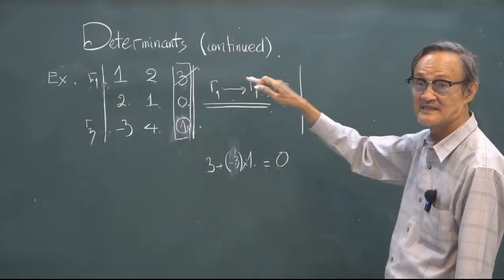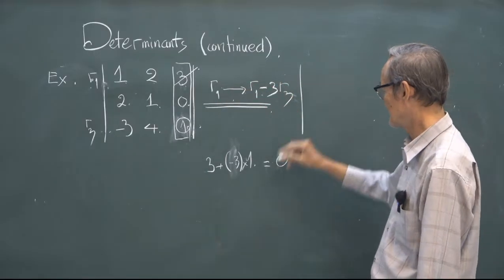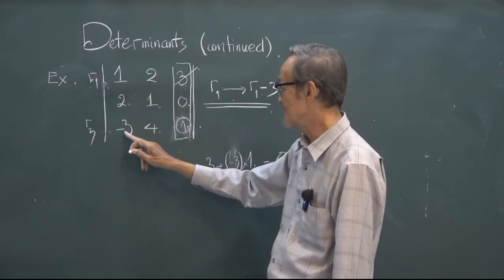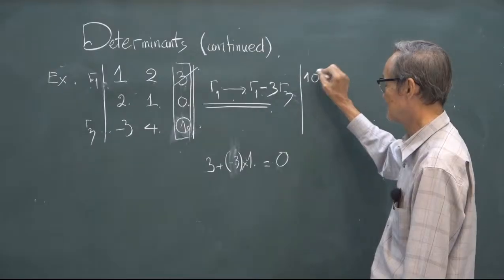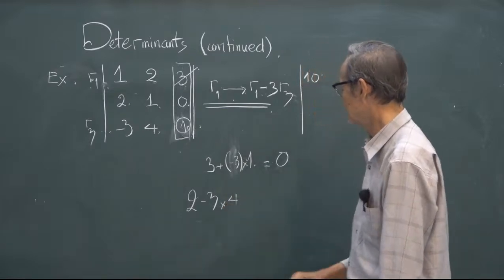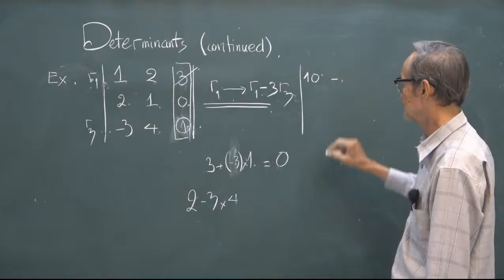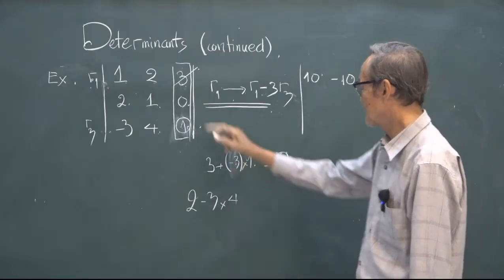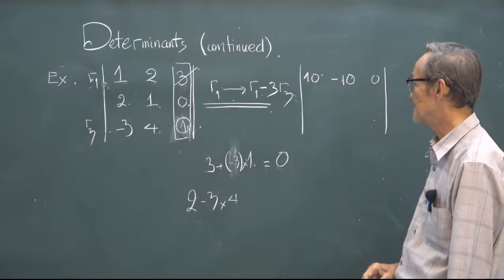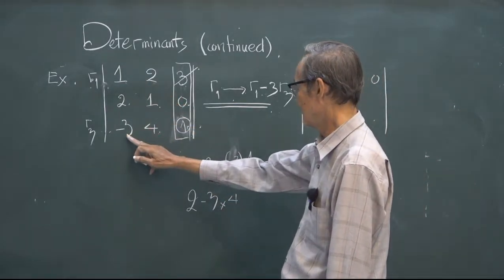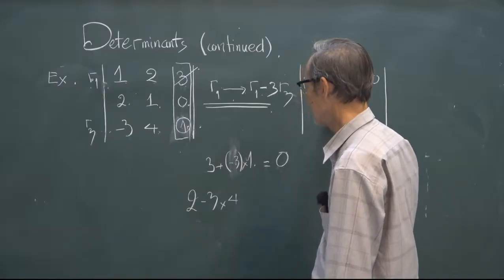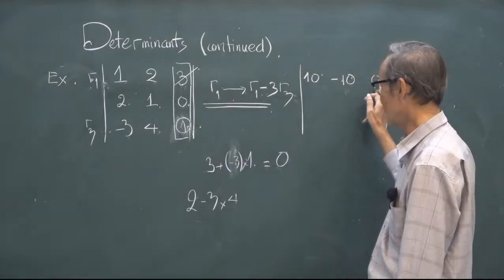Now we write row by rows. Row 1 minus 3, row 3. 1 minus 3 of this, and 2 minus 3 of this, minus 10. 3 minus 3 by 1, 0. 1 minus 3 of minus 3, 10. 2 minus 3 of 4, minus 10. 3 minus 3 of 1, 0.